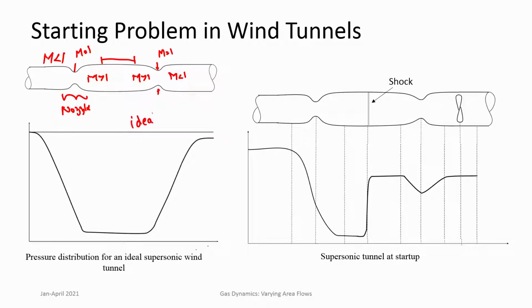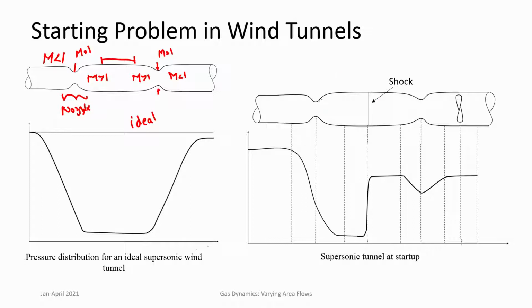This is the ideal case, but the problem here is that during starting of these wind tunnels, shocks are developed at the nozzle, because the nozzle starts and the pressure ratio is not always ideal. So, as it is starting, it will develop shocks within the nozzle, and ultimately these shocks come into the test section. The strongest possible shock that can come in is for the designed operation.